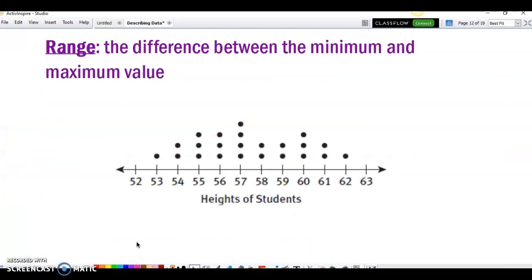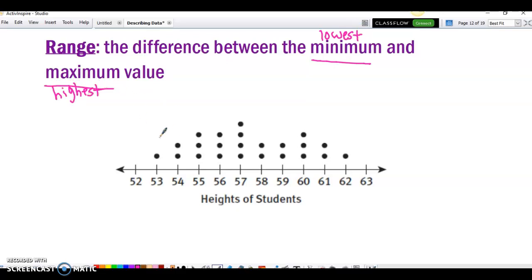All right, so our first word is a word you already know, but I changed things on you just to prepare you for the coming up weeks. Our range is the difference between your minimum and maximum values, okay? So your minimum is now your low number, or what we were calling your lowest number in the past, and your maximum is your highest value.